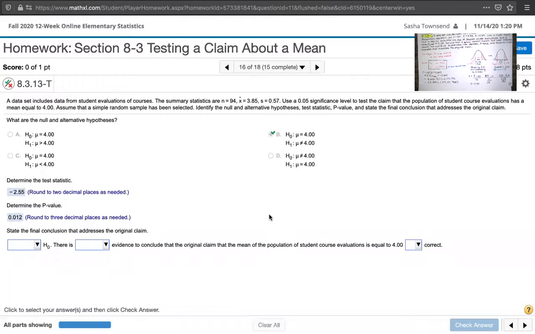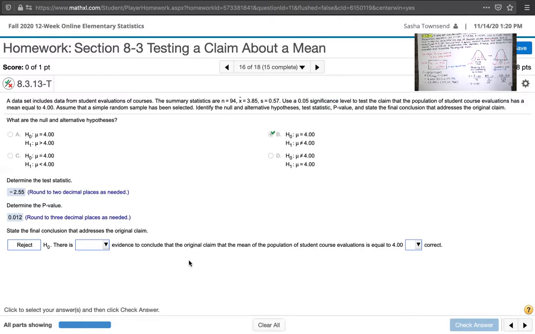Okay, now we want to state the final conclusion that addresses the original claim, and that comes from comparing this p-value to our alpha value. Our significance level is 0.05. It's stated right up here. And the p-value is less than 0.05. So that means we're going to reject the null hypothesis.